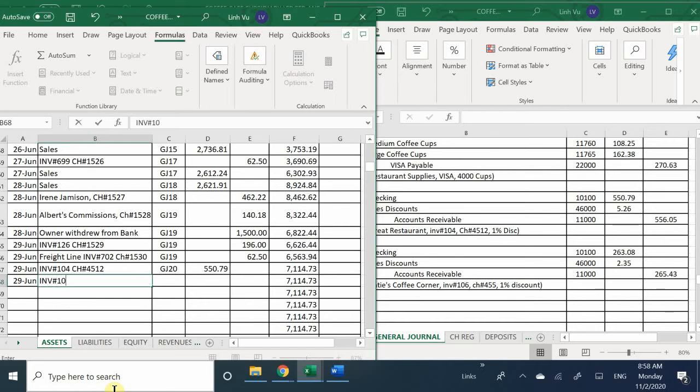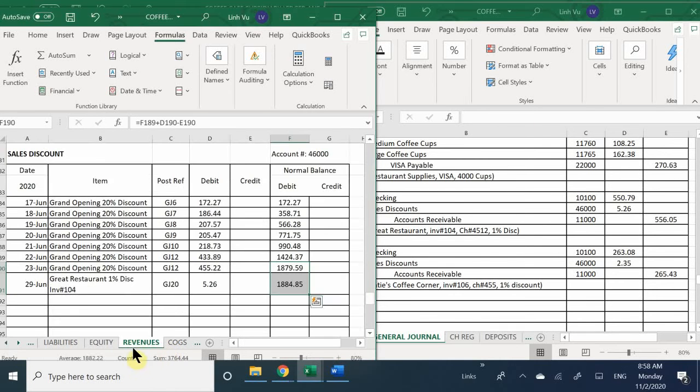Check 455. Tuesday 20. Debit 263.08, bringing your balance to 7,377.81. Okay. And then go to the revenue for the sales discount.